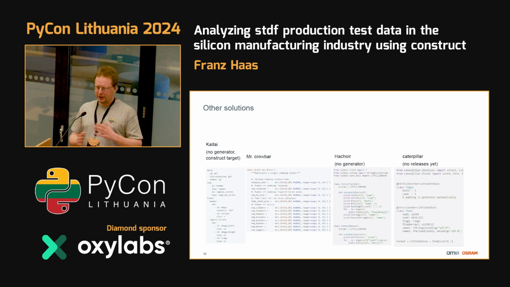Mr. Crowbar has a generator and a parser, and the other, Hakwa, has no generator, and Caterpillar hasn't made a public release yet. So the fact that we have such an active and linked community, so that the Kaitai stuff is available via Construct, triggered us to go in the direction of Construct.